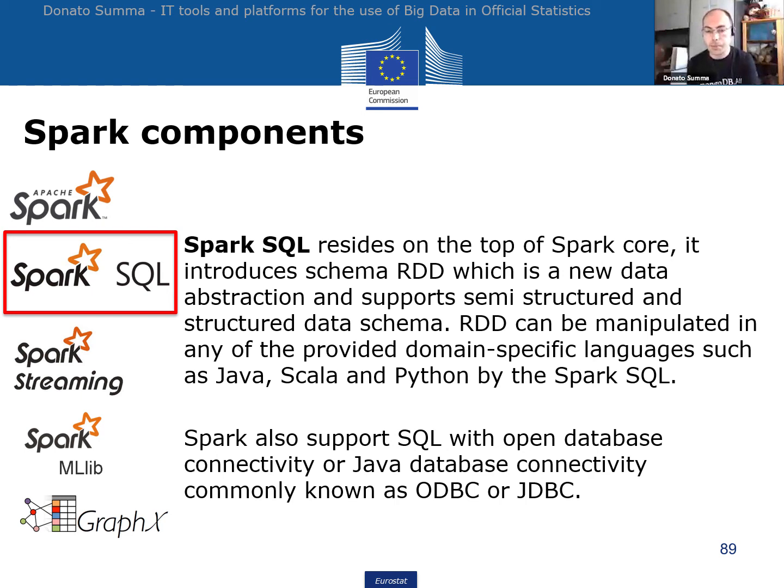Schema RDD can be manipulated in any of the provided domain-specific languages, such as Java, Scala, and Python by the Spark SQL. Spark also supports SQL with Open Database Connectivity and Java Database Connectivity, commonly known as ODBC or JDBC. And this was the second Spark component.